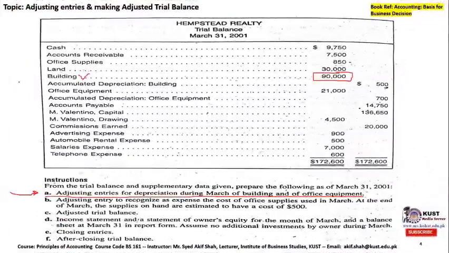We can already see that there is a certain numerical value given in the accumulated depreciation building. It means that the cost of the building was 90,000. However, with the passage of time, we have a contra asset account which has $500 in accumulated depreciation building. It means that we have used the building for $500.